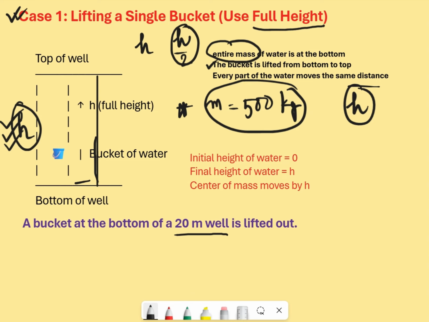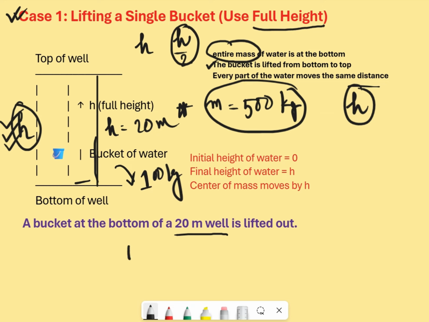Indeed, what is the total work done or total energy? So this is a well, and obviously the height H is equal to 20 meter. And let's say within the whole well we have roughly 100 kilogram of water.